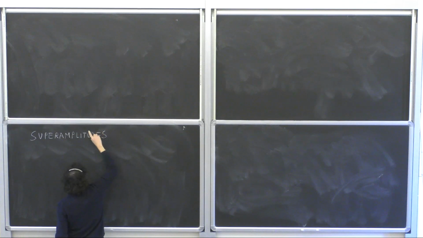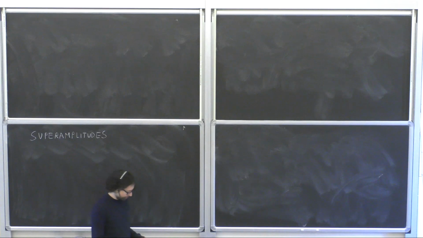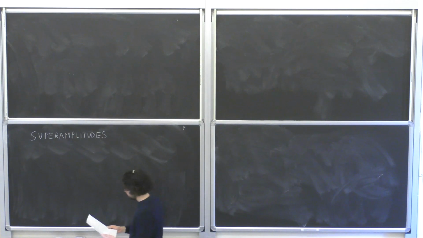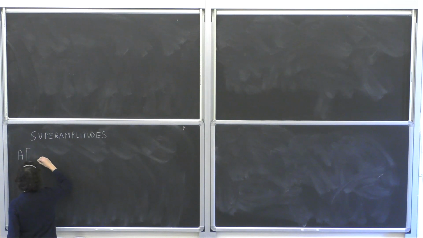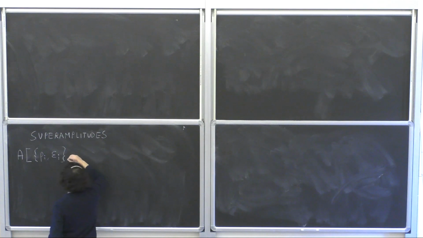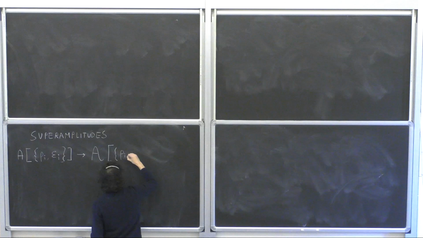So the basic idea of a superamplitude, and I really try to provide here an elementary introduction, is that instead of having an amplitude which in general is going to be a function of kinematical data, polarizations and momenta, for example, for external particles, we want to complement this or turn this into an object which incorporates extra parameters.